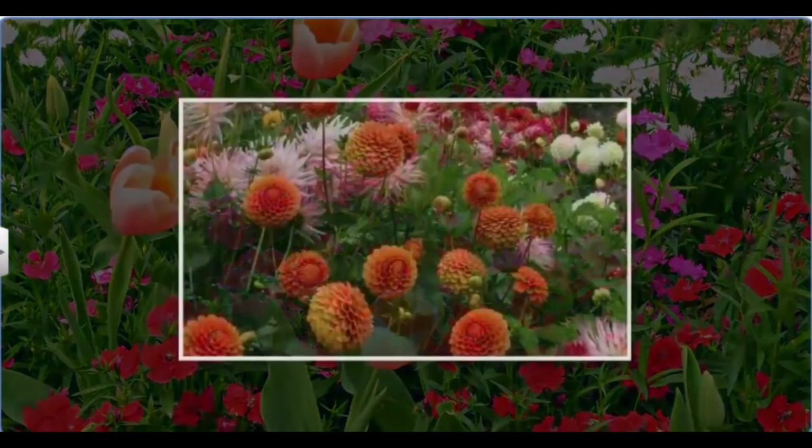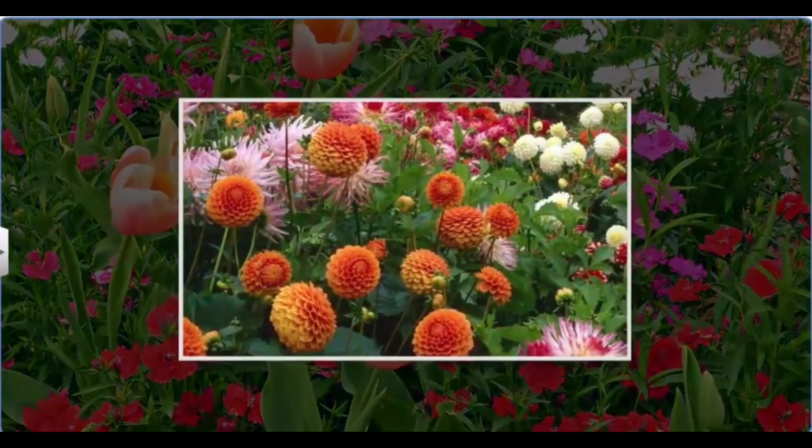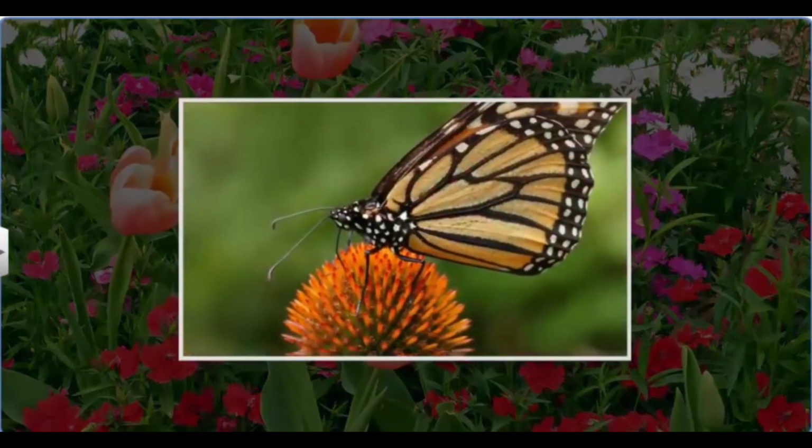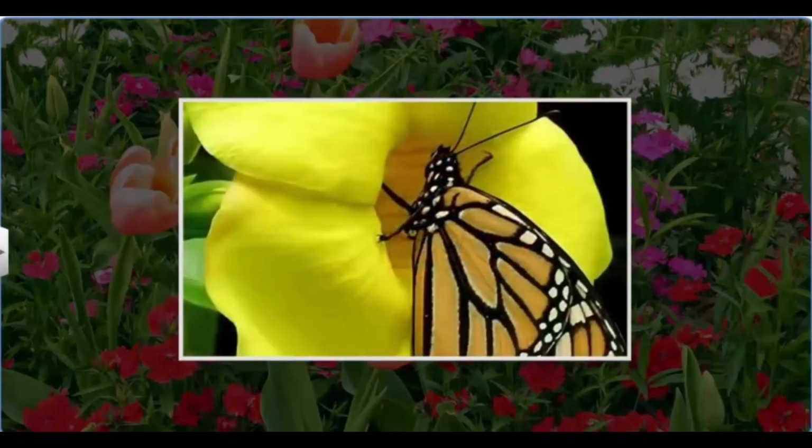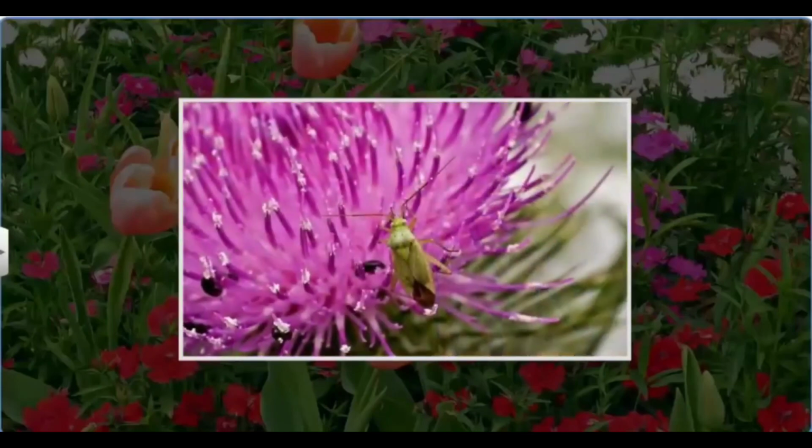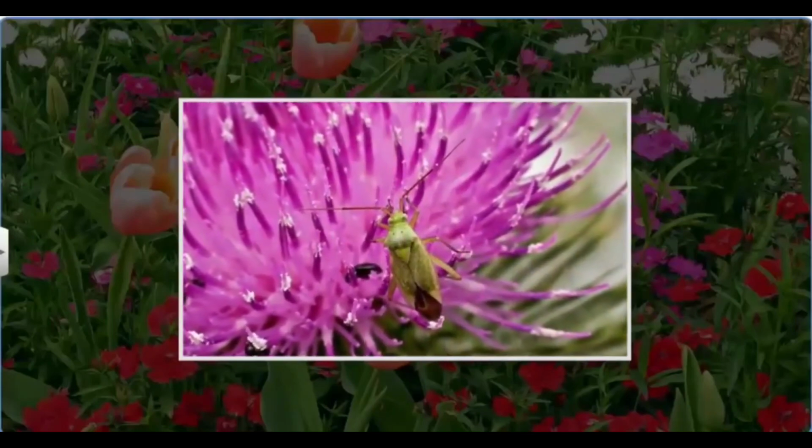Conversely, flowers pollinated by butterflies are usually lightly scented and brightly colored, with nectar not very deeply hidden, while those pollinated by beetles and flies secrete a rotten odor.